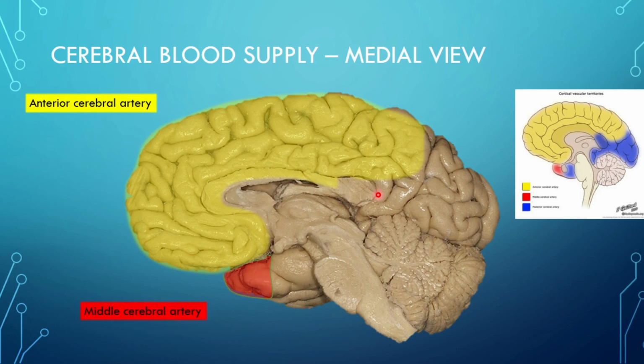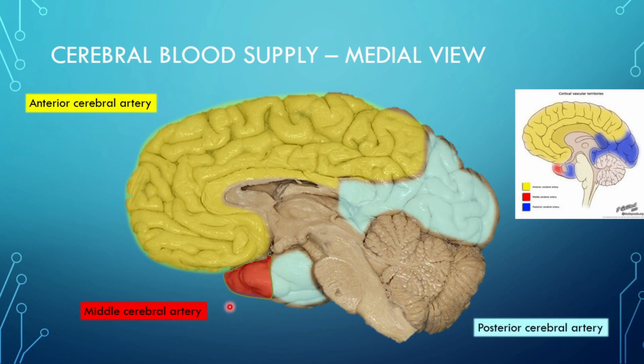The middle cerebral artery, on the other hand, on the previous view supplied a lot of cerebral cortex, but actually on this view it only supplies this very anterior part of the temporal lobe. That's the temporal pole. And then the rest is supplied by the posterior cerebral artery.